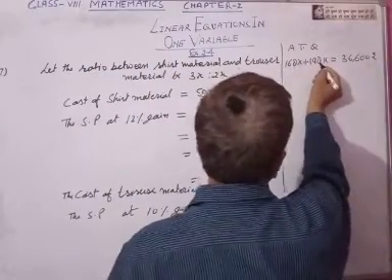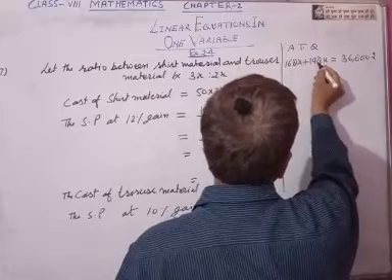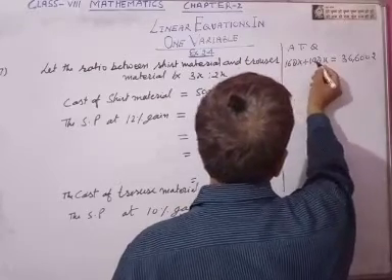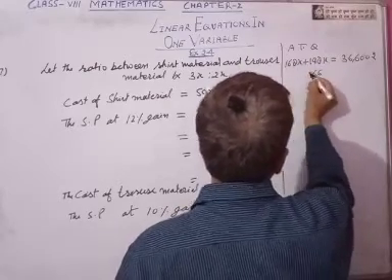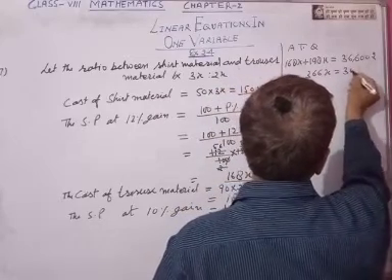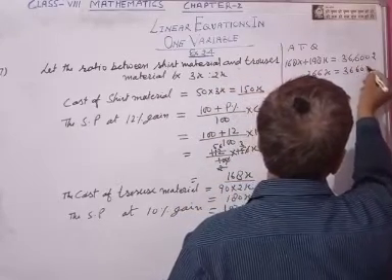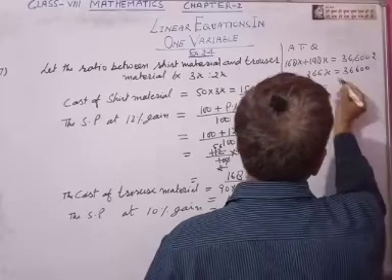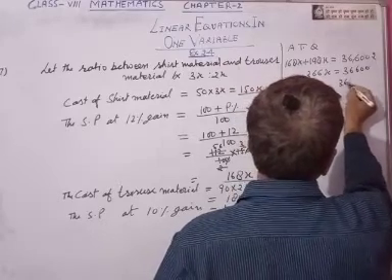Now you will add: 8 plus 8 is 16, 9 plus 10 is 16... 366x equal to 36,600. x equal to, you will divide by 366.